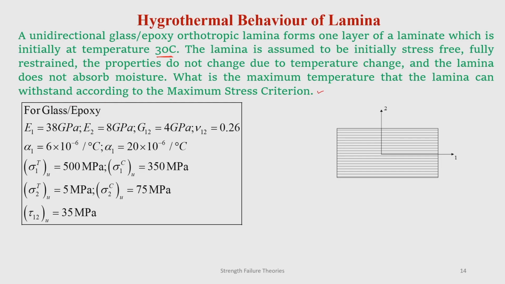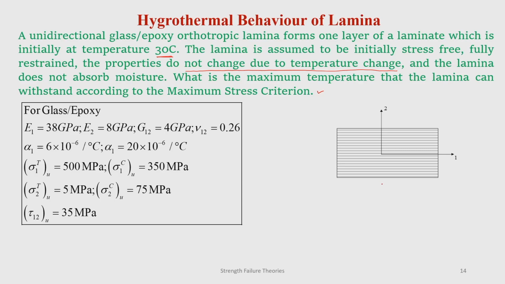Now, the properties do not change due to temperature, let me explain what exactly that means. Actually, when there is a change in temperature, there is change in properties also, we have discussed just now, in the first few slides. But that we are not considering here.